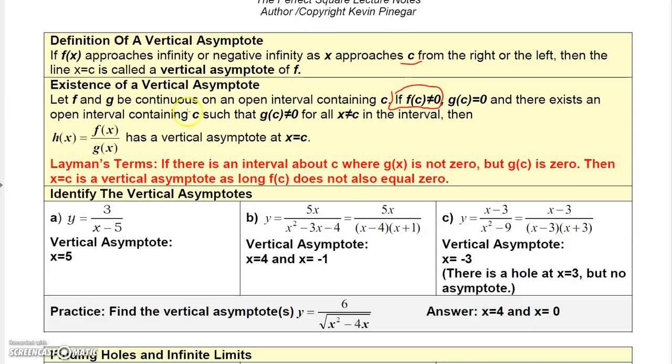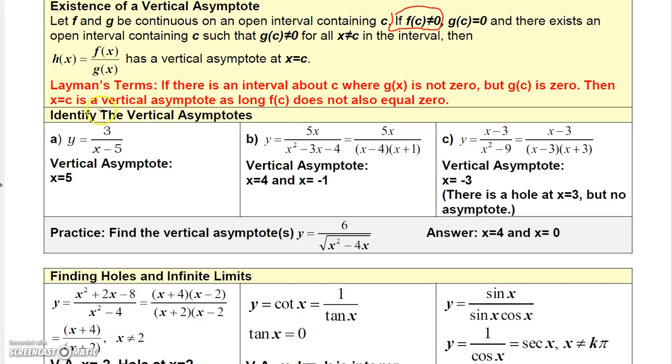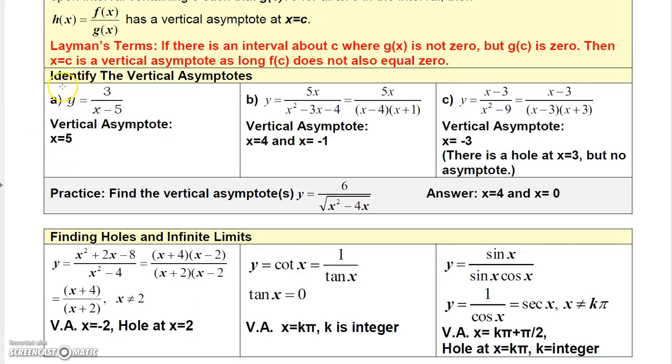Okay. So basically, long story short, you can sum it up as saying as long as the numerator is not 0, but the denominator is 0, you're going to get a vertical asymptote at that number. So for instance here, 3 over x minus 5, well, I know x equals 5 makes the denominator 0, but it doesn't make the numerator 0, so x equals 5 is a vertical asymptote.